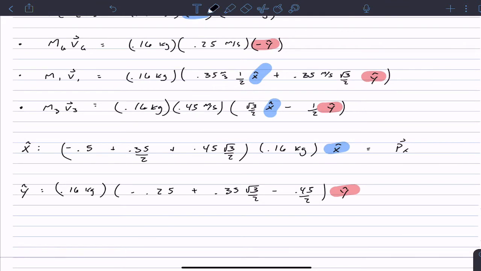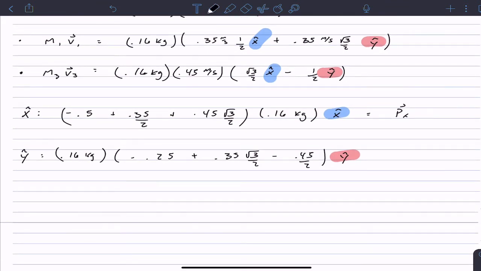Okay. So now we just plug this into a calculator and see what we get. So total momentum is going to be 0.0135, it's very small, kilograms meters per second in the x hat direction, minus 0.0275 kilograms meters per second in the y hat direction.